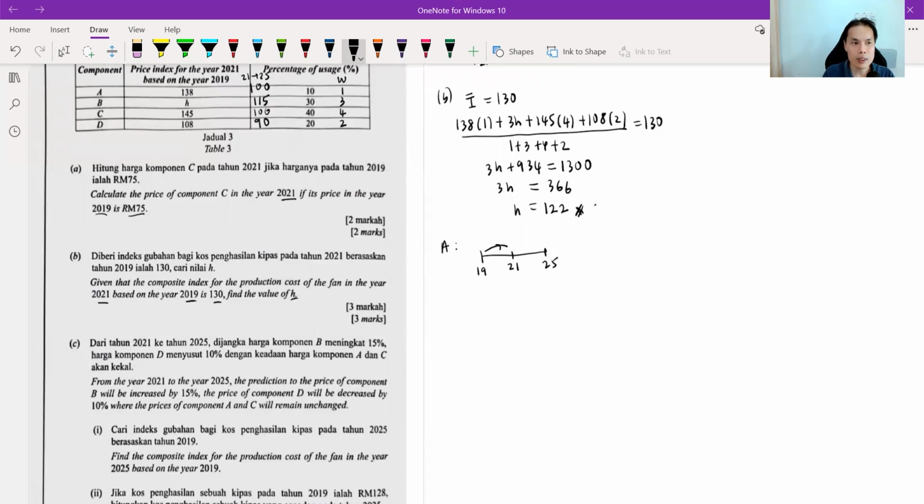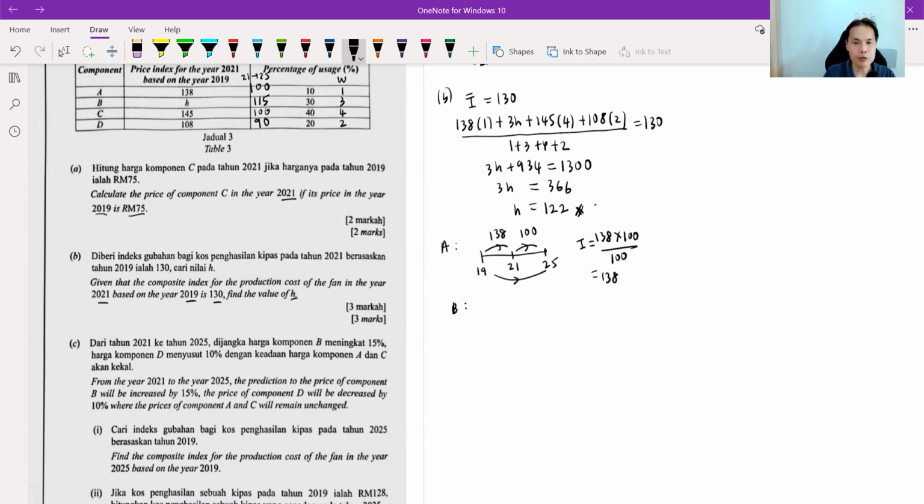From 19 to 21, A increased by 38%. We're at 138. From 21 to 25, it doesn't change, so it's 100. To calculate the overall increment, we take 138 times 100 divided by 100, so it's still 138, right? It's always 2 consecutive indices multiplied together divided by 100.